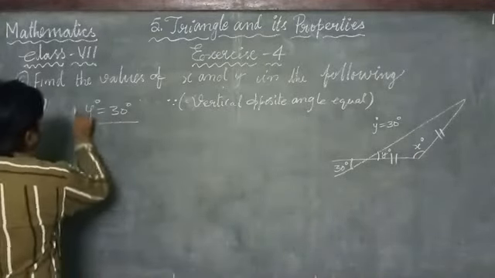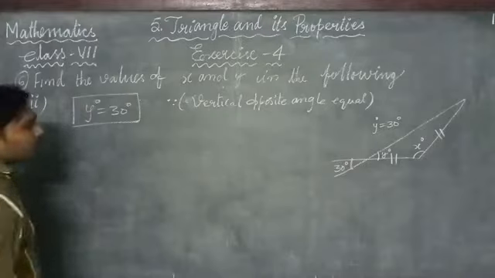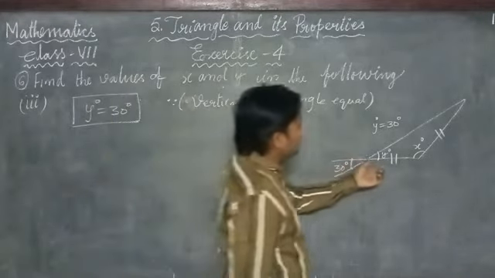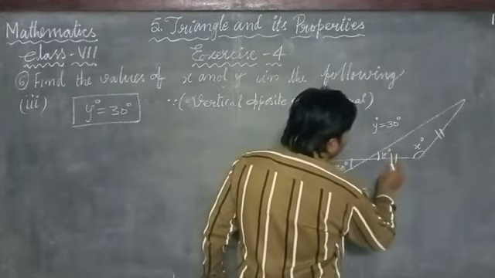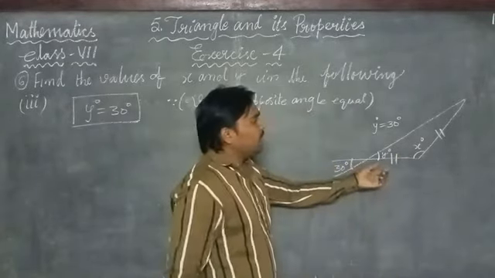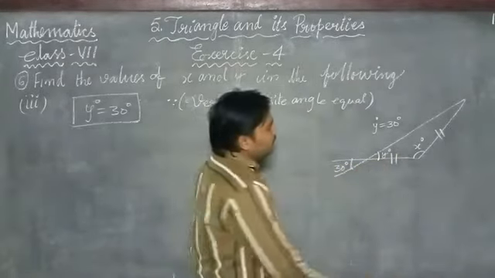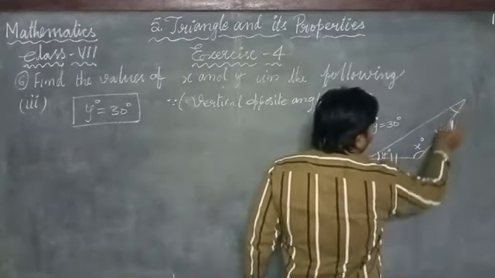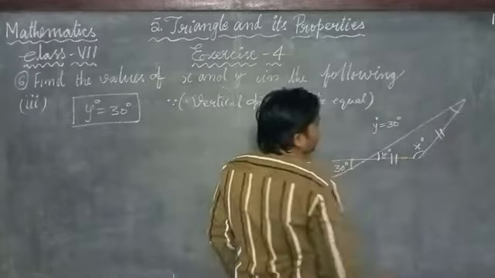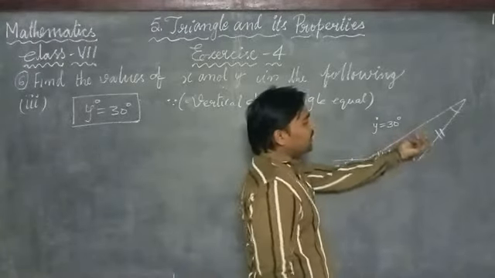To find x, if you see the problem clearly, here it is also an isosceles triangle. From that we can write here y degrees, and these two sides are equal, so these two are the opposite sides.